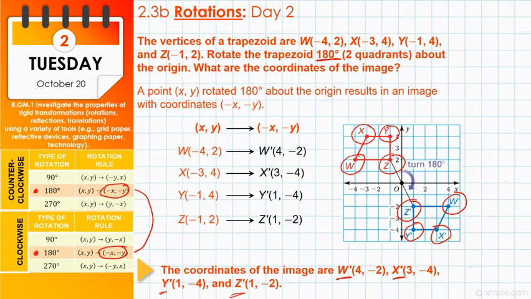The 180-degree rotation went from quadrant 2 to quadrant 4. And this was done without even plotting points on the coordinate plane.